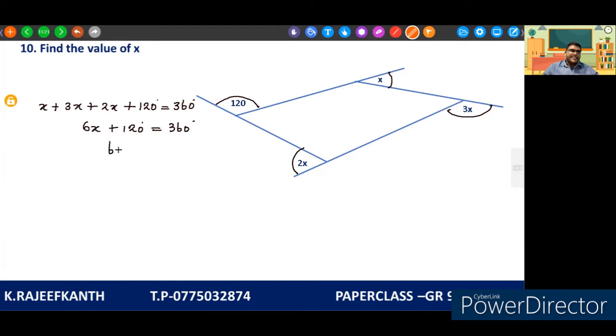Then 6x is equal to 360 minus 120, 240. Then x is equal to 240 divided by 6, that is equal to 40 degrees. We only have to find the value of x. Then x is equal to 40 degrees.